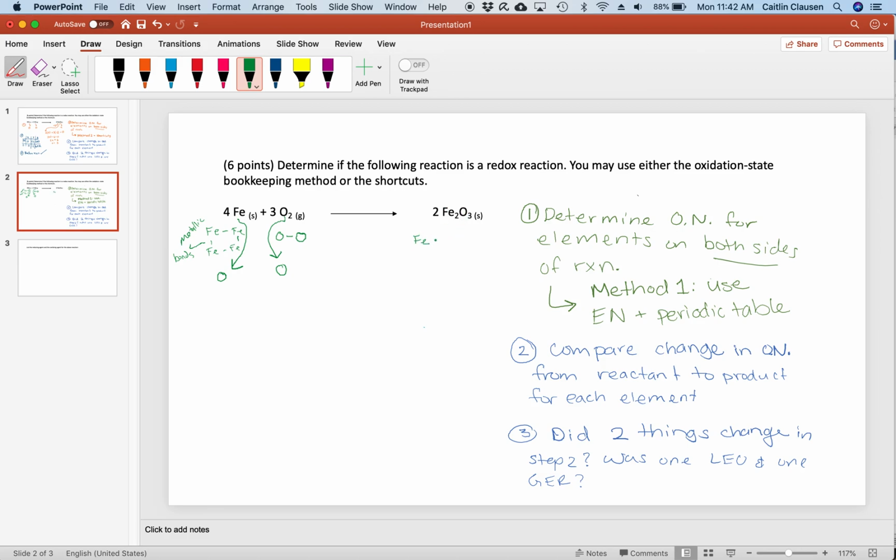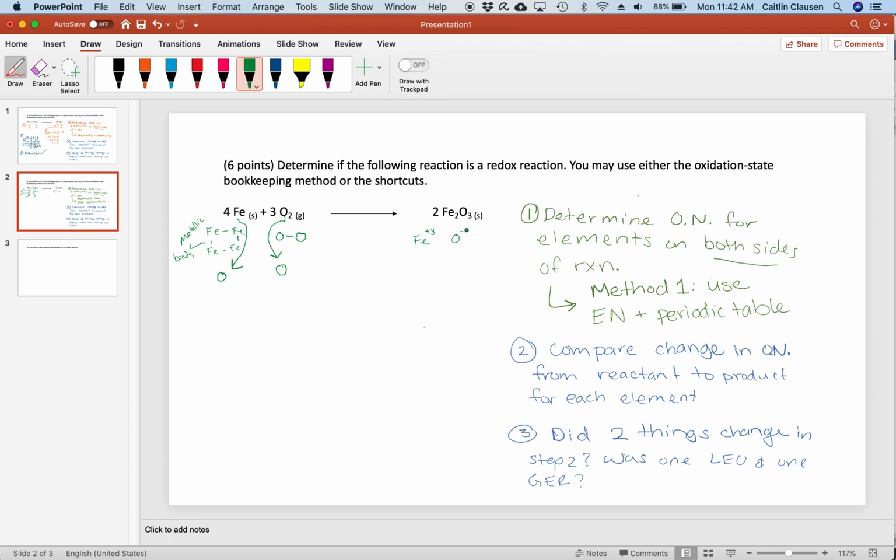I have oxygen bonded to iron. This goes way back to chapter 5 and, I think, chapter 4 or 3, where we were predicting compounds. I know that this iron has a +3 charge.